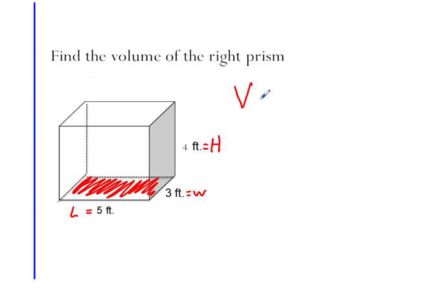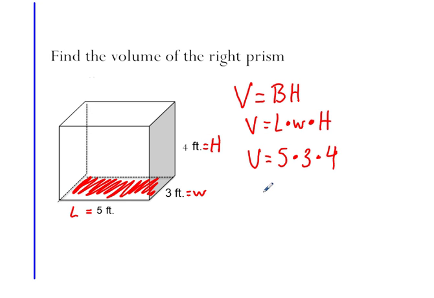So to find the volume of this prism, which is base area times height, we're going to multiply the length times the width times the height of the prism, which would be 5 times 3 times 4, which would be equal to 60 feet cubed.